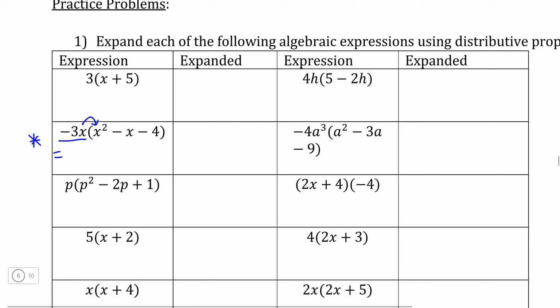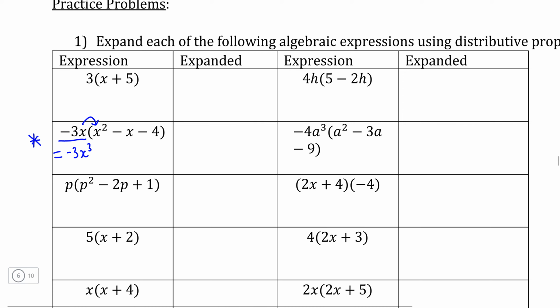X squared doesn't have a coefficient other than 1, so negative 3 times 1 is also negative 3, and then if we use our exponent rules, x to the exponent 1 times x to the exponent 2, we add the exponents, so we get x cubed like so, because adding the exponents, 1 plus 2 is 3.